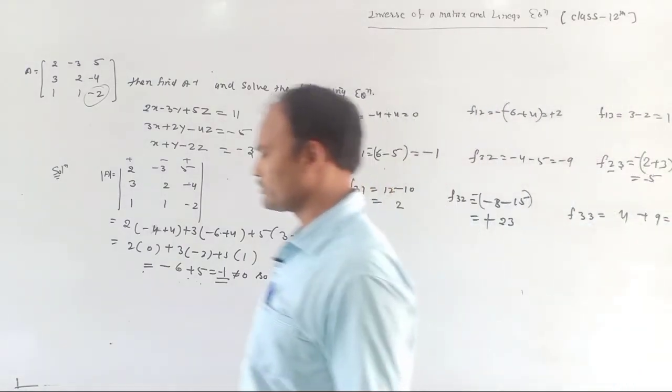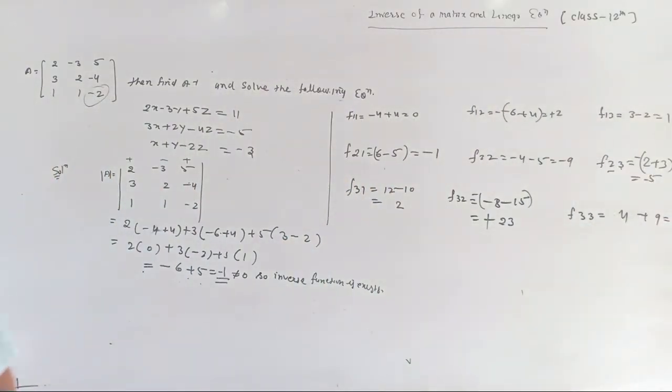So these are the values of Fij: 0, 2, 1, minus 1, minus 9, minus 5, 2, 23 and 13.